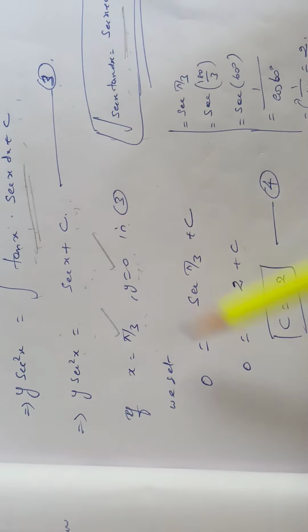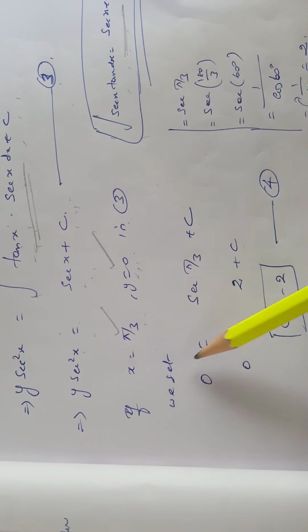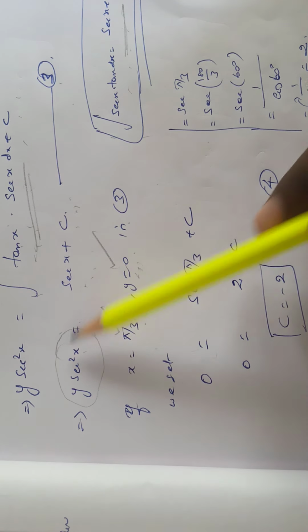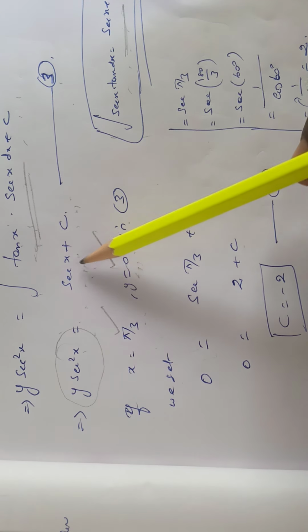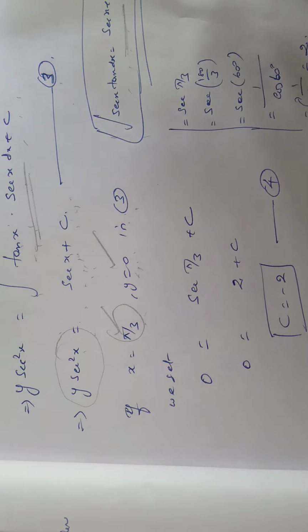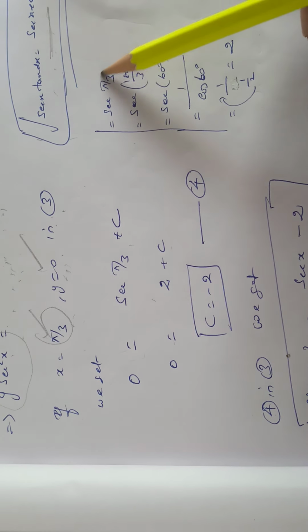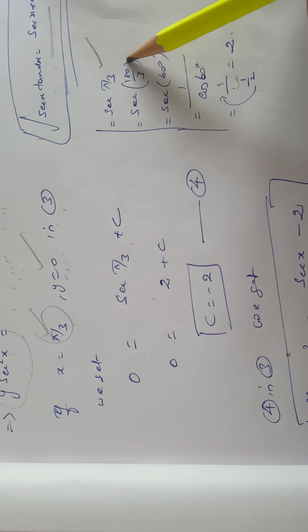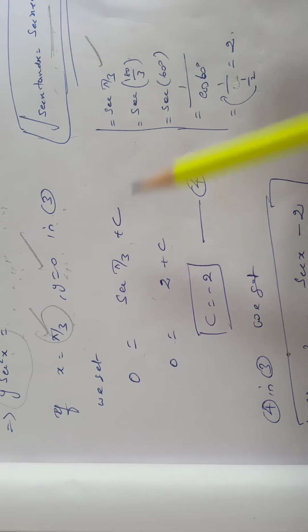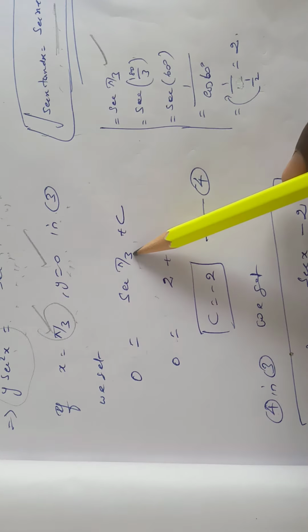Since y equals 0, this term becomes 0, equal to secant x, where in the place of x we apply pi by 3, plus c. So 0 equals secant pi by 3 plus c.